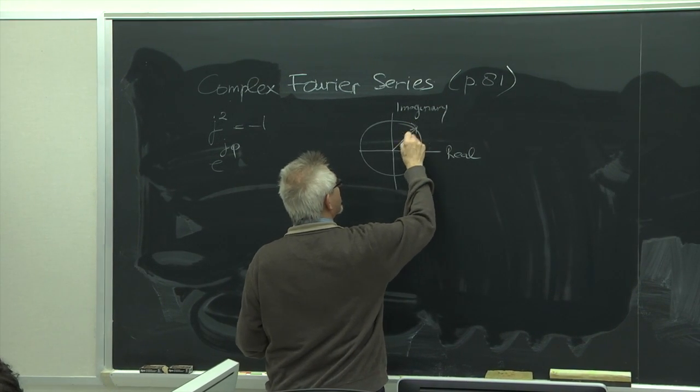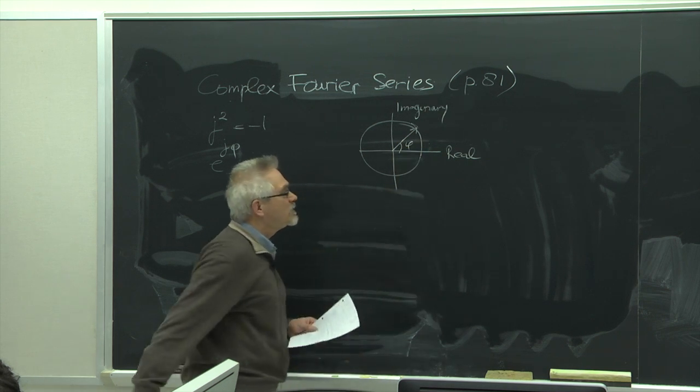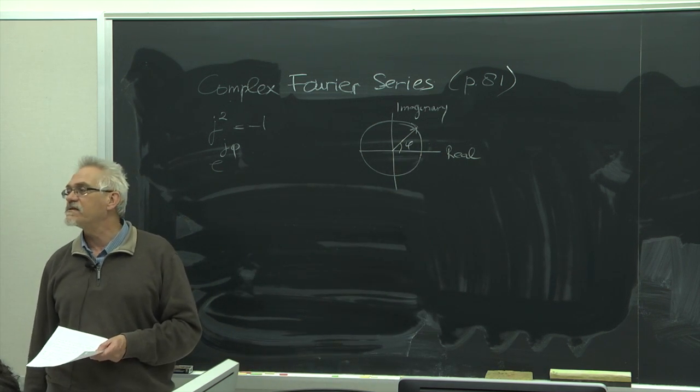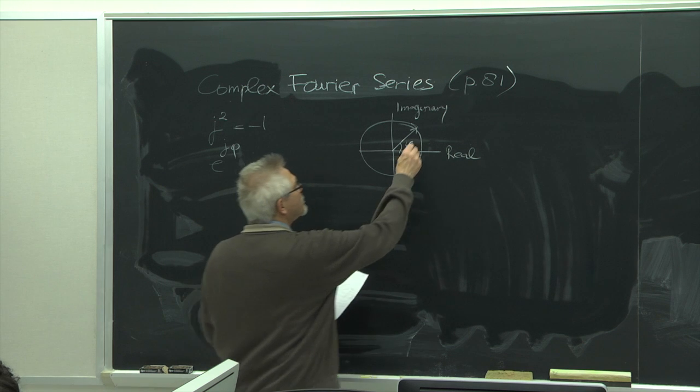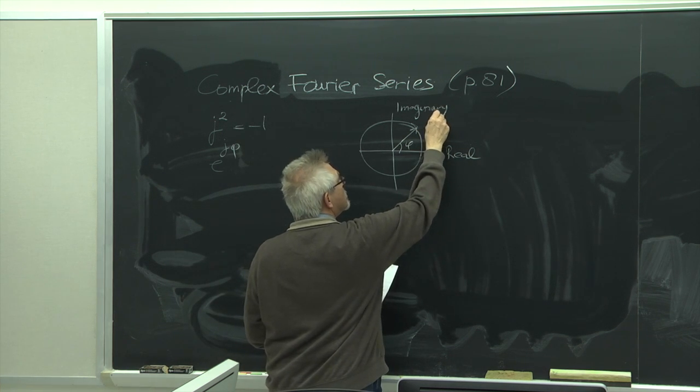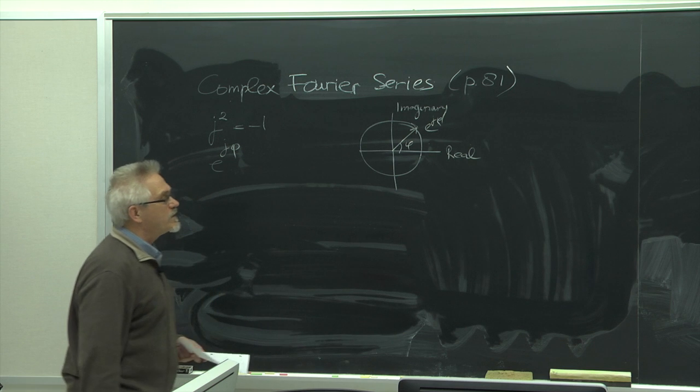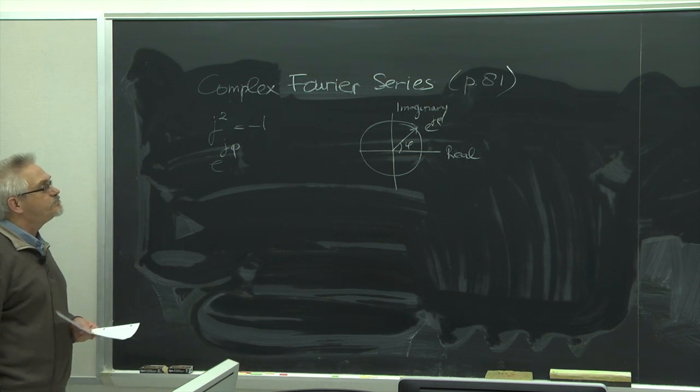That's a circle with a radius of unity, where this is the phase angle phi, and then this will be your exponential with a complex exponent.